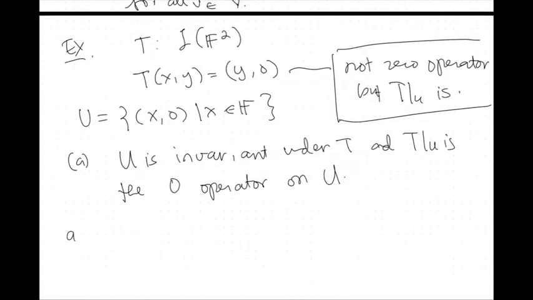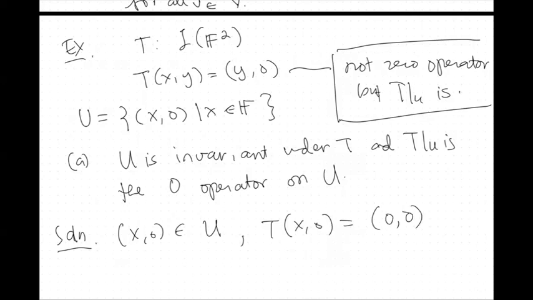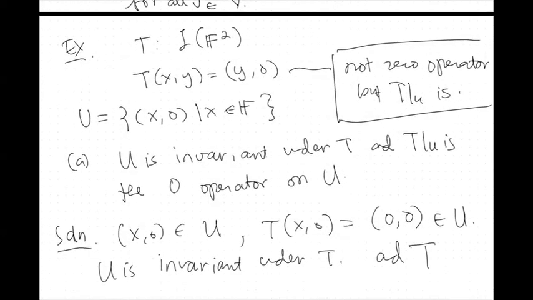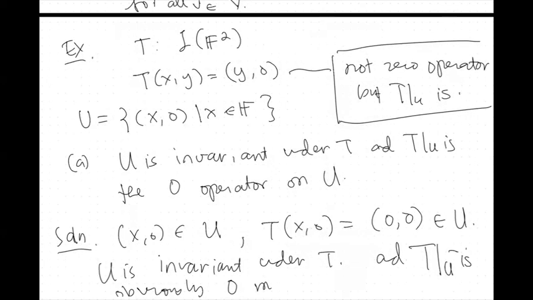Solution. Let (x, 0) be an element of U. Thus, we get T of (x, 0) is just (0, 0), which is an element of U. Hence, U is invariant under T. And of course, T restricted to U is obviously the zero map, since our x is arbitrary.